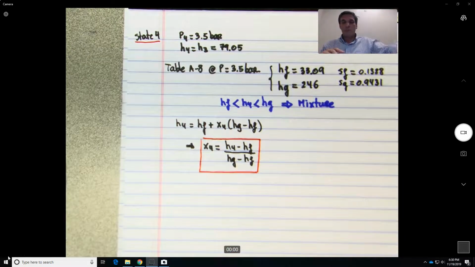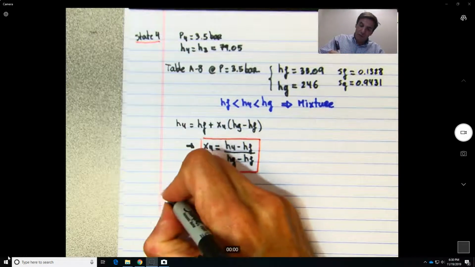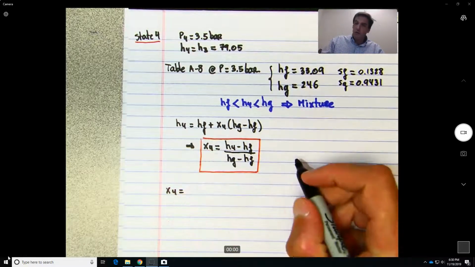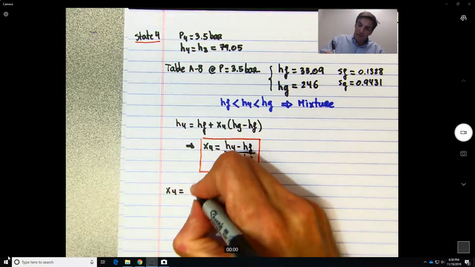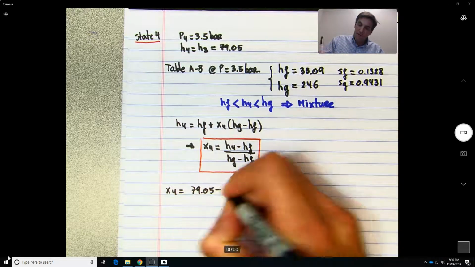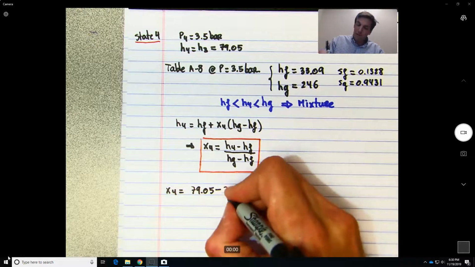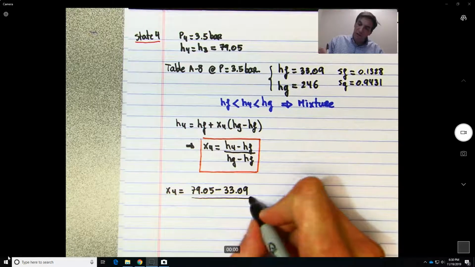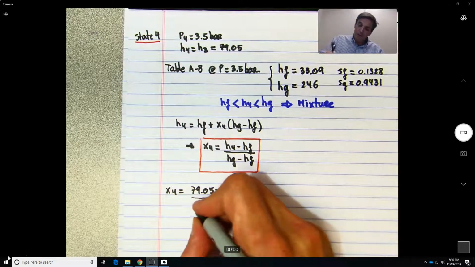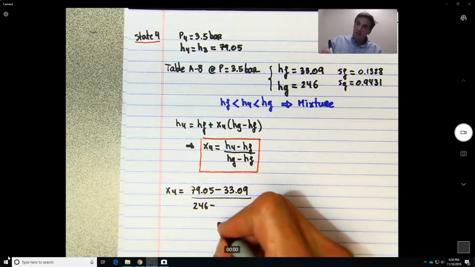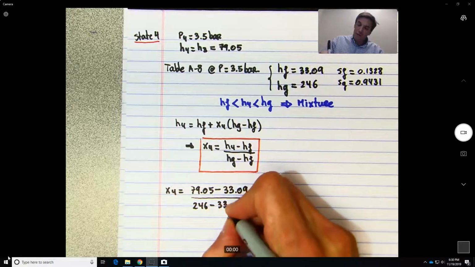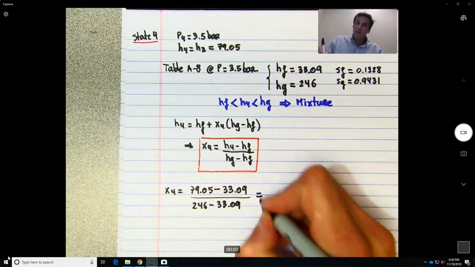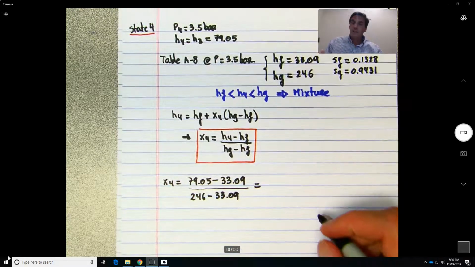So if we do the numerical application, let's see what we get for X4: 79.05 minus H fluid, which is 33.09, divided by 246 minus 33.09.